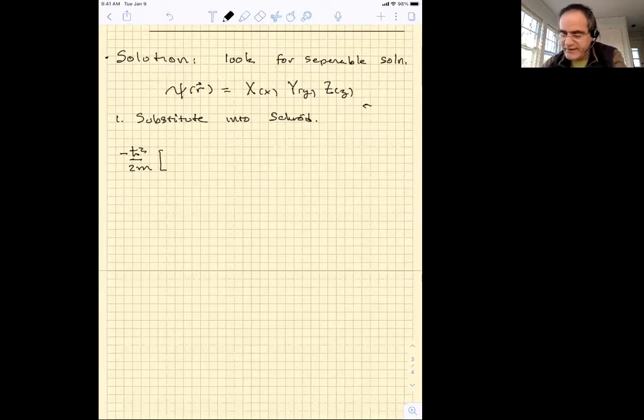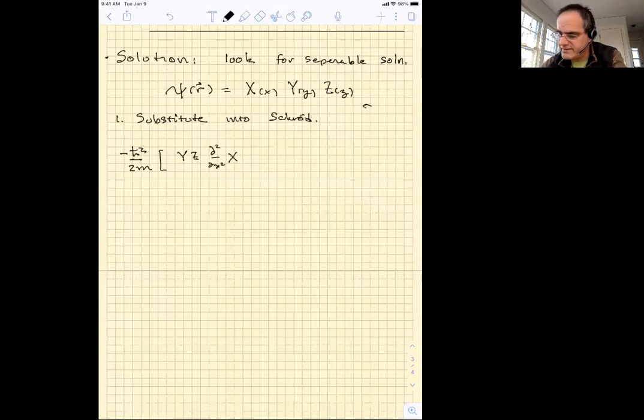For example, the second derivative with respect to x is just the y function times the z function times the second derivative with respect to x of the x function, because since these are partial derivatives, the partial derivative with respect to x doesn't act on the y and z variables.